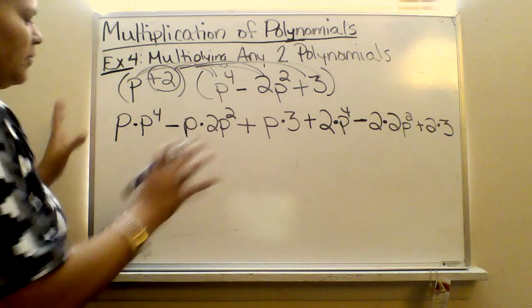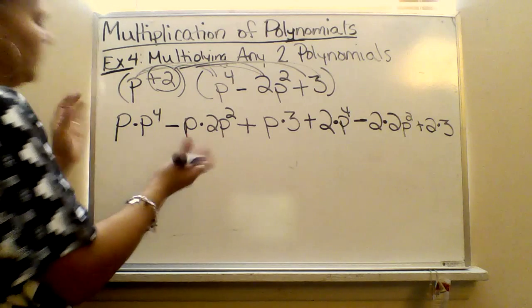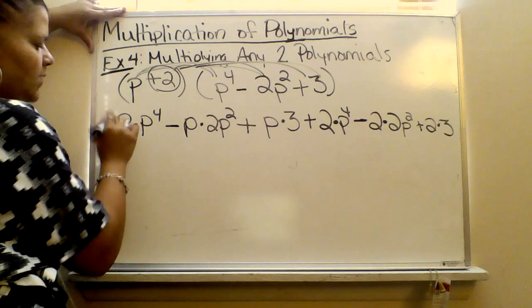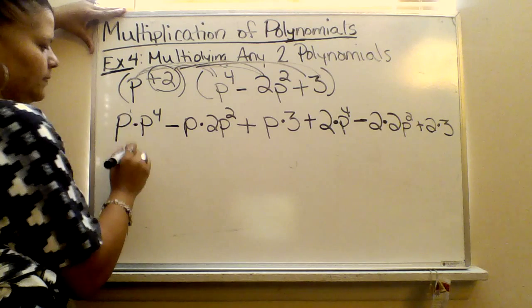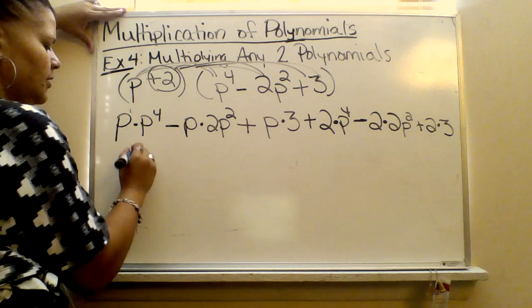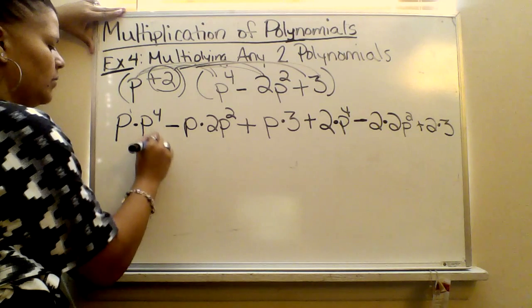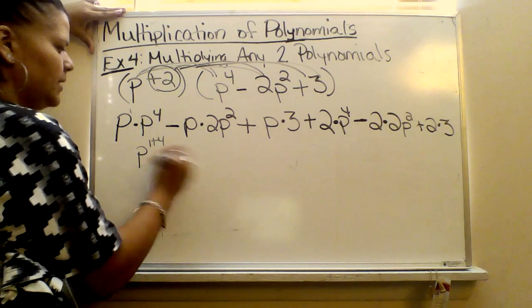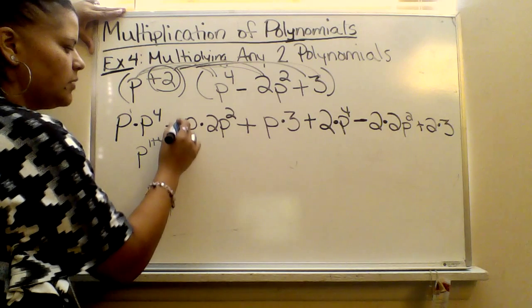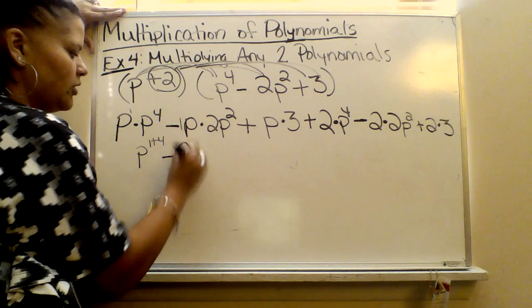Now let's simplify this, because this looks like a huge mess. I have a p and a p to the 4th. Remember, when there's no exponent on it, there's an imaginary 1. And they're like bases, so we can add the exponents. So we have p to the 1 plus 4, minus, we have a 2 and no coefficient here, which means it's a 1. So 2 times 1, that's just 2.